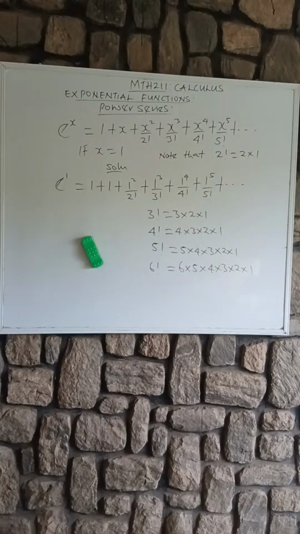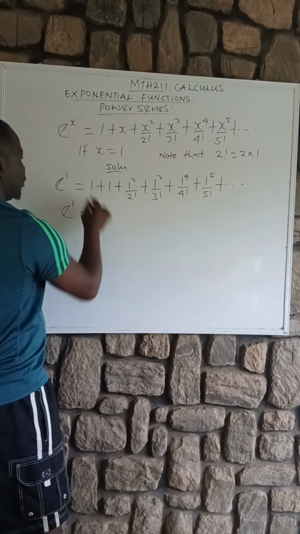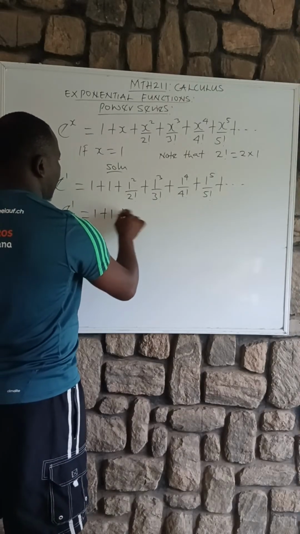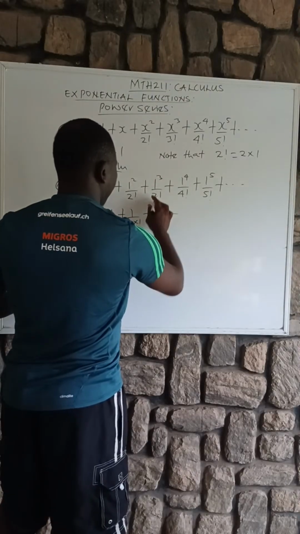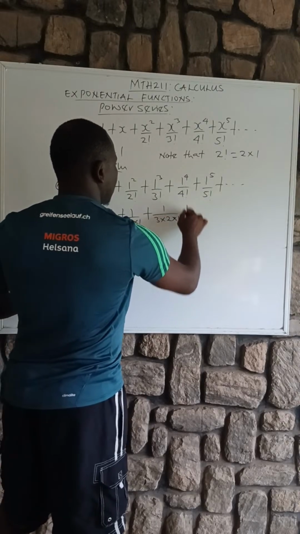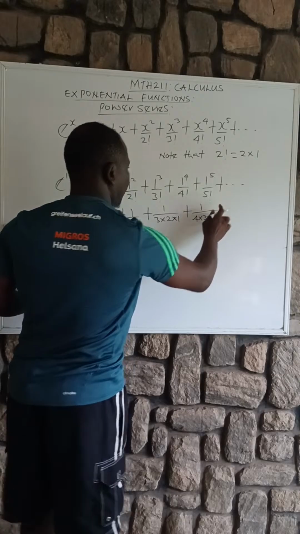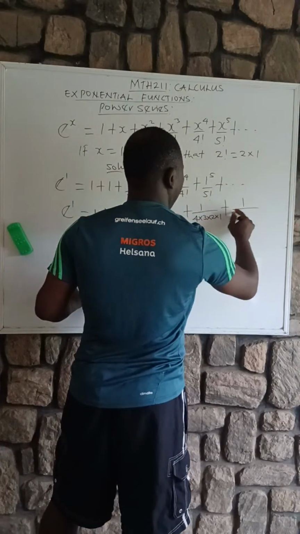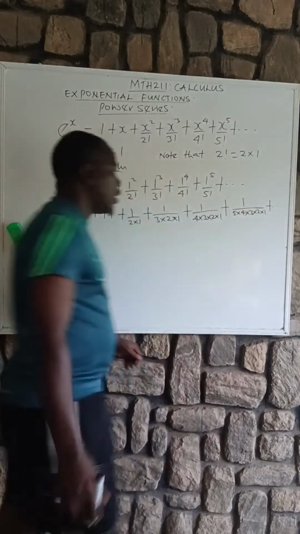If you agree with me, exponential of 1 will now be 1 plus 1, plus 1 raised to power 2, which is 1, all over 2 times 1, plus 1 raised to power 3, which is 1, all over 3 factorial, which is 3 times 2 times 1, plus 1 raised to power 4, which is the same thing as 1, over 4 factorial, plus 1 raised to the power 5 over 5 times 4 times 3 times 2 times 1, plus and so on.